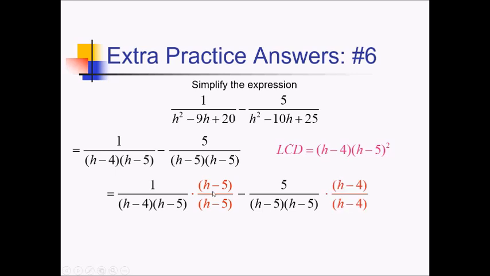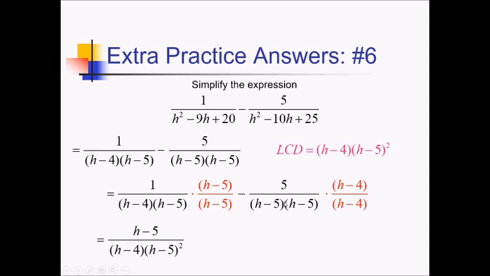And now multiplying all of this out, in my first fraction, I've got h minus 5 times 1, so just h minus 5 over all that stuff that was already in the denominator, plus also this h minus 5 here. So h minus 4 and h minus 5 squared. We'll actually write it squared at this point just to save a little bit of space.